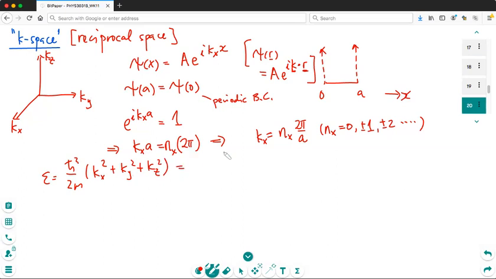Okay, so each of these will take this form, but I just have to change these n's. So I will have h bar squared divided by 2m, and then I have this 2 pi over a, which is a common factor, 2 pi over a squared, and then I have nx squared, ny squared, and nz squared.